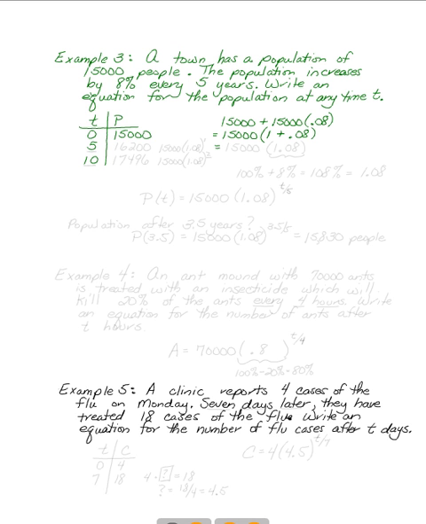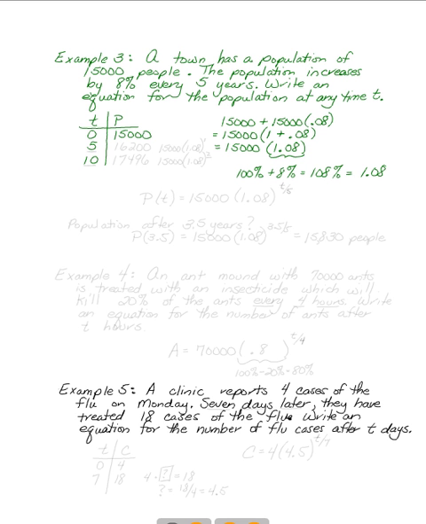So what we have is really 15,000 times 1.08. Now the way to think about this 1.08 is this is actually the 100% of the people we started with plus an additional 8%, which is our increase, which will give us 108%, or 108% in decimal form is 1.08.